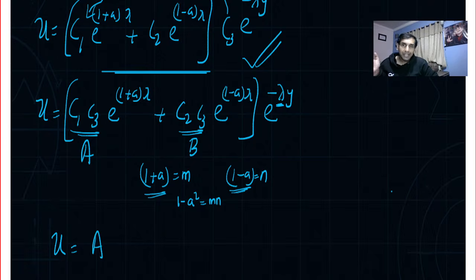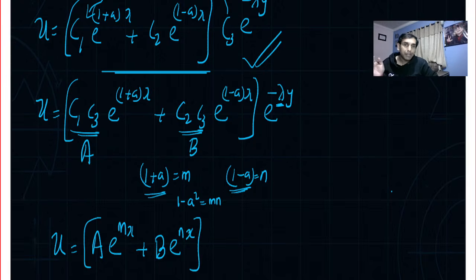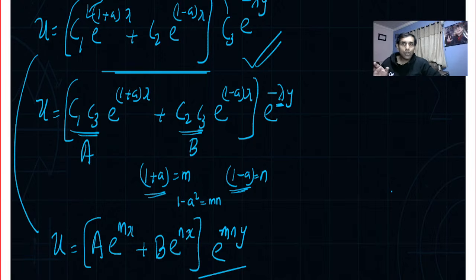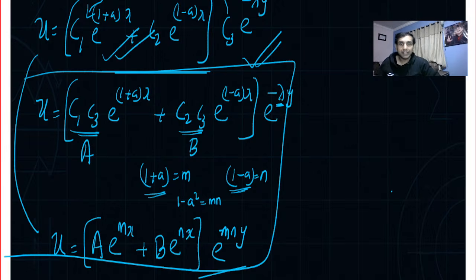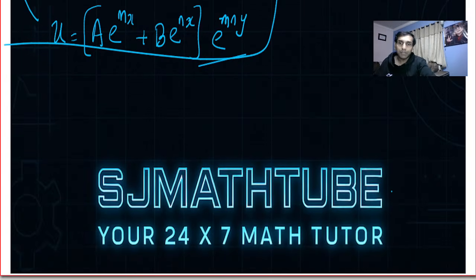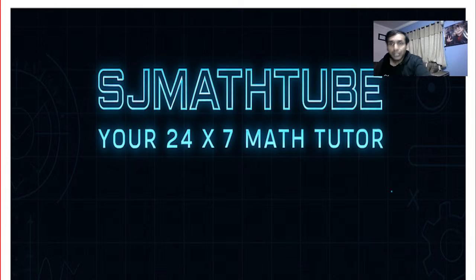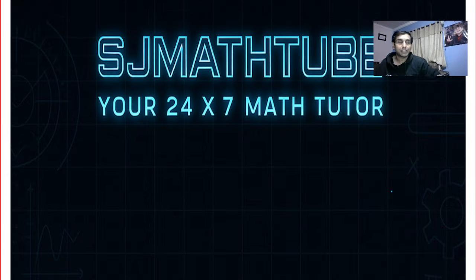It is going to look like a e power m into x plus b e power n into x, the whole multiplied by e to the power minus m n into y. So if you want, you can make it cute, or if you do not want to do this step, you leave it here itself. Now let's go for another problem, and that is extra important because it has a boundary condition.